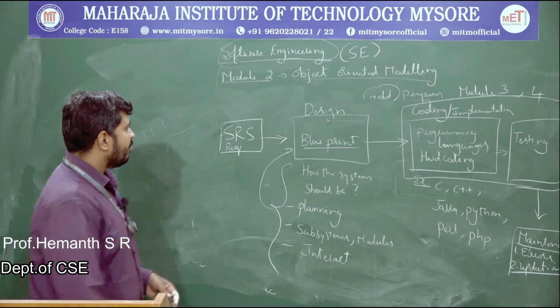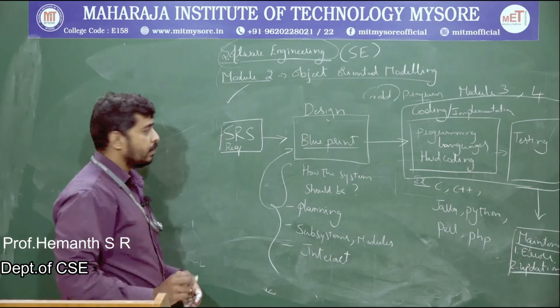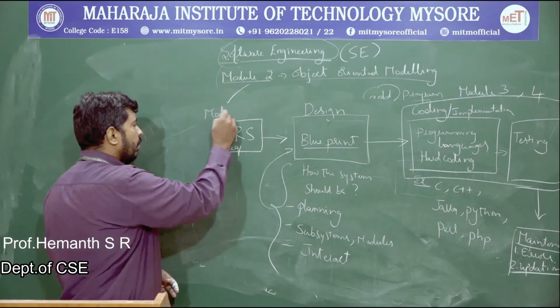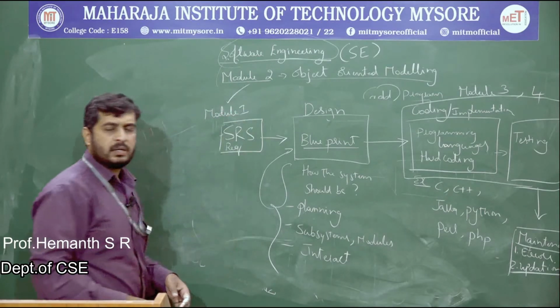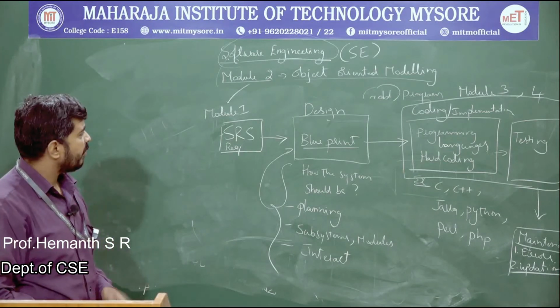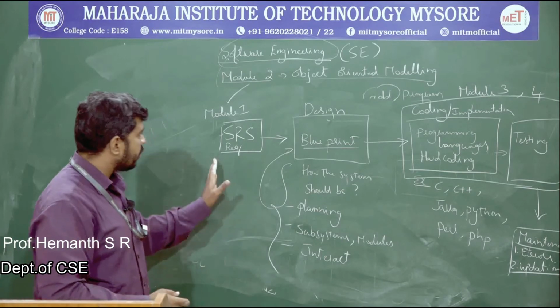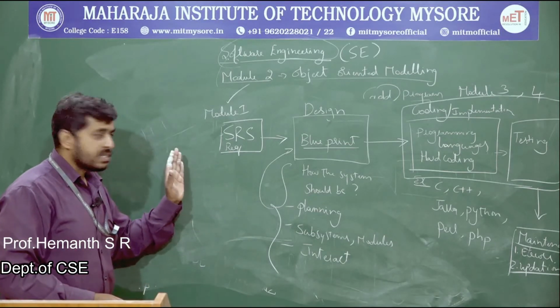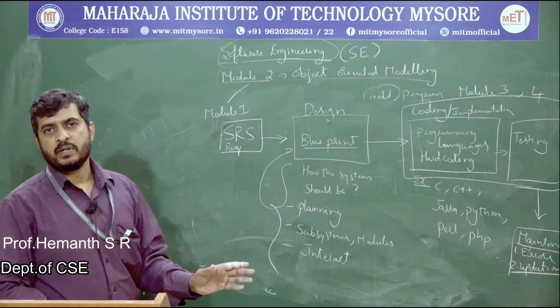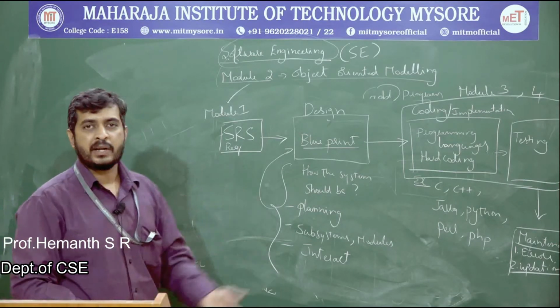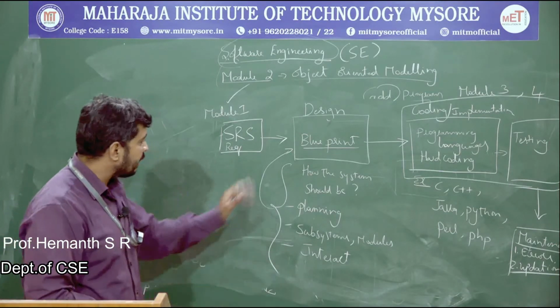Now you completed with this part. This was completed in module 1. You understood where exactly software engineering is needed, where it is not needed. You understood the starting stages of developing a software, collecting the requirements from the client and documenting it.